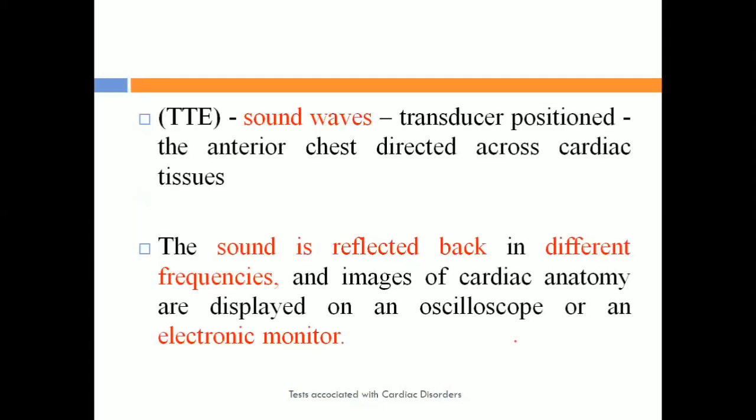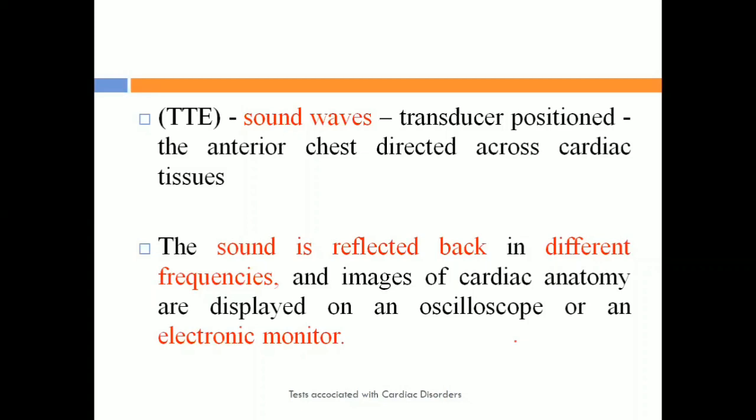What is transthoracic echocardiography? The person who performs this will pass sound waves through the person's heart with the help of a transducer positioned on the anterior chest, and we'll have an image of it.